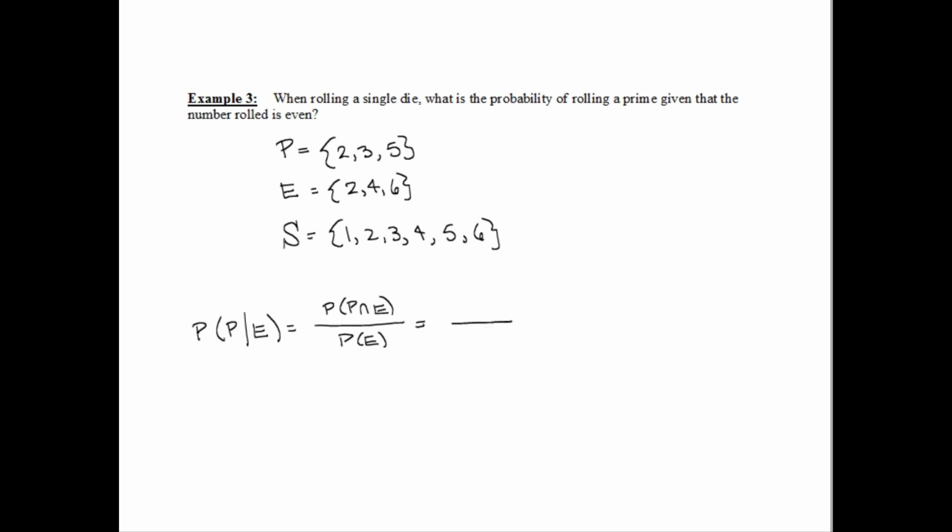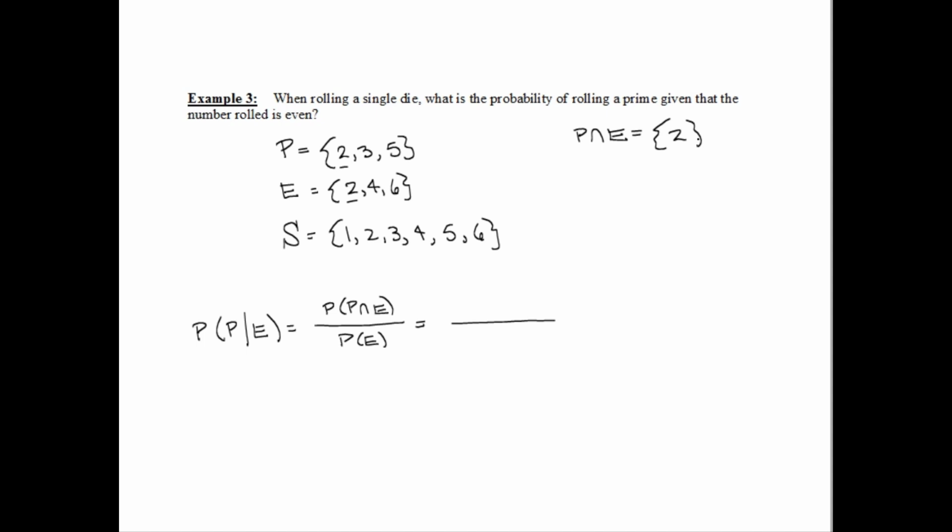Okay, so we need to figure out both of these. Well, what's the probability of the intersection? P intersect E is the set of all numbers that are in both P and E. And it looks to me like the only one that qualifies would be 2. 2 shows up in both sets, and it's the only one.